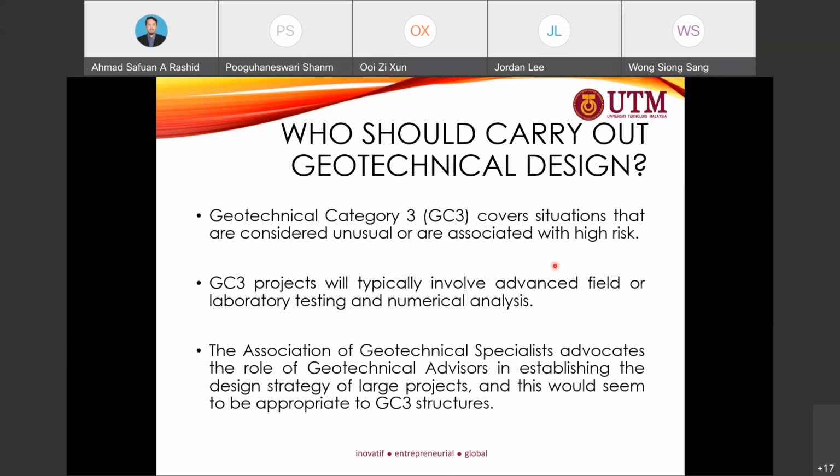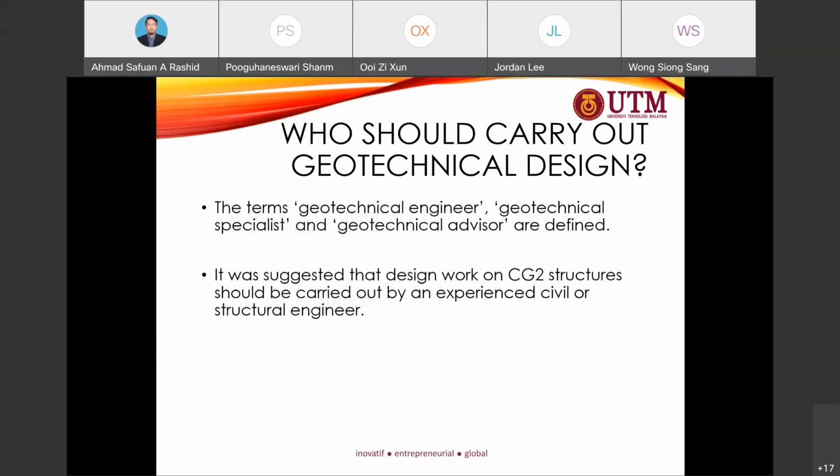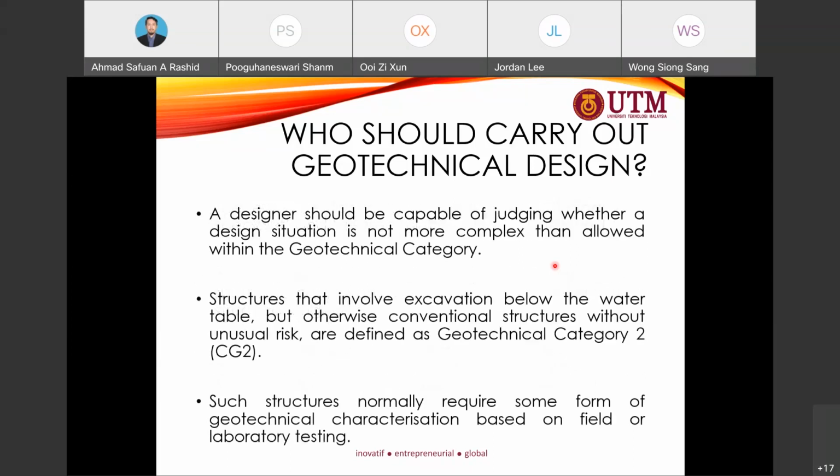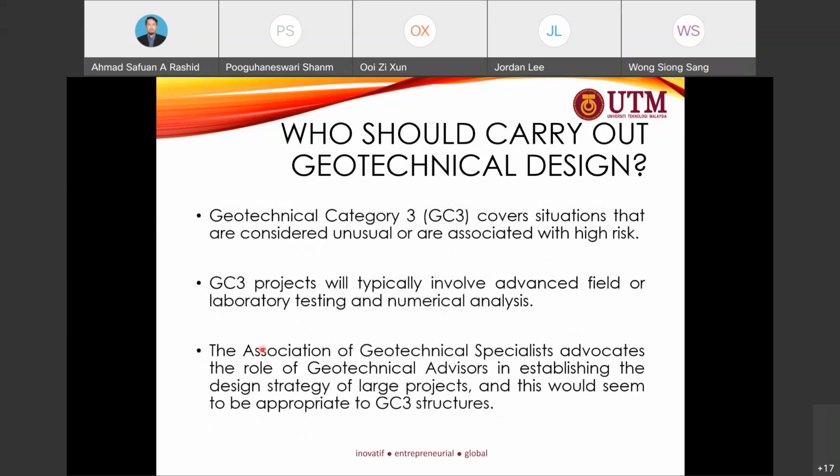And the last one is GC3. Sorry, I wrote CG2; this is actually GC2, not CG2. So GC3 covers situations that are considered unusual or are associated with high risk.